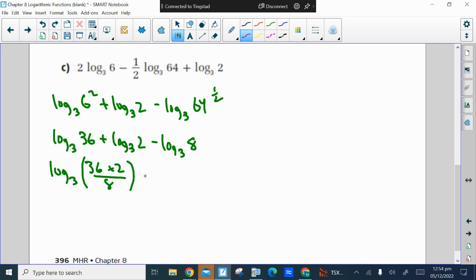But this gives me 72 over 8, which is 9. Log base 3 of 9. Yep. Why can't you simplify it with the exponents? What do you mean?